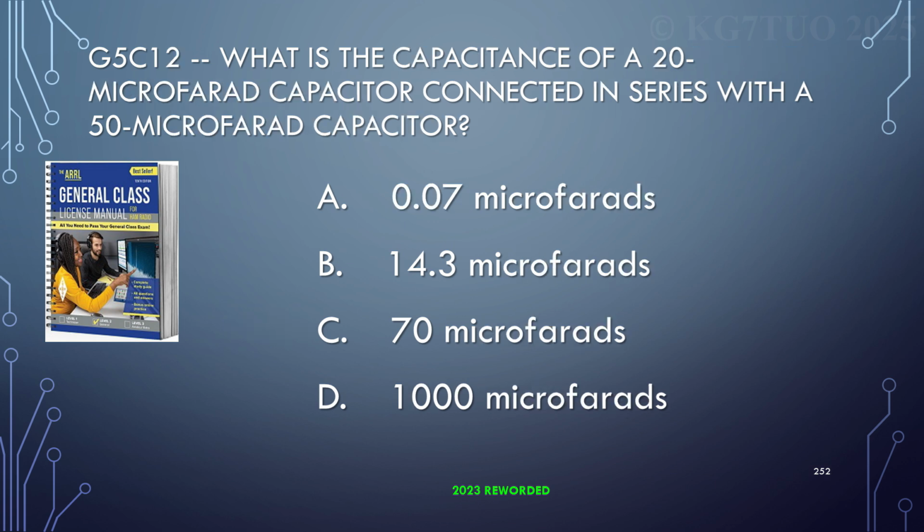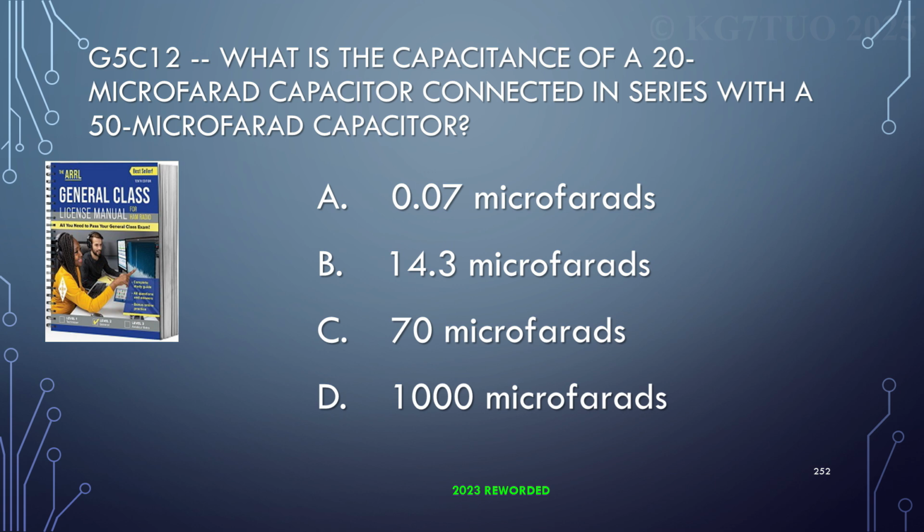Charlie. What is the capacitance of a 20 microfarad capacitor connected in series with a 50 microfarad capacitor? So now we've got a capacitor. 14.3. That's where I was going with it too. You can't just add 50 and 20. They're different, so you have to do the reciprocals. It's capacitors, and they are in series.